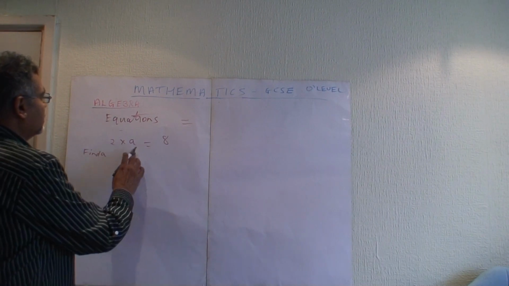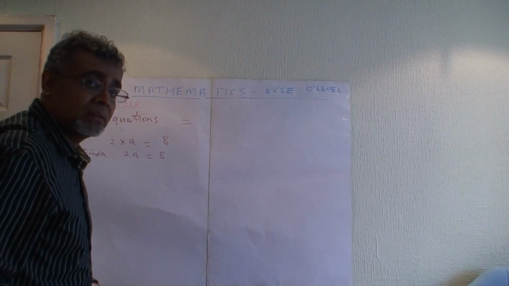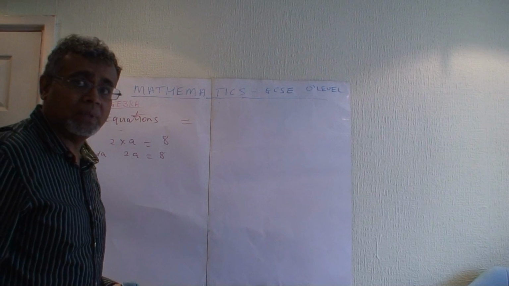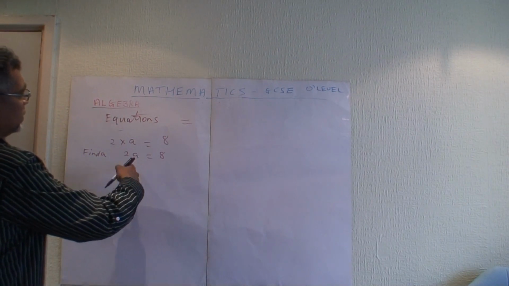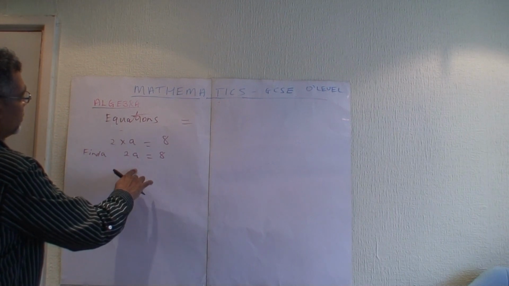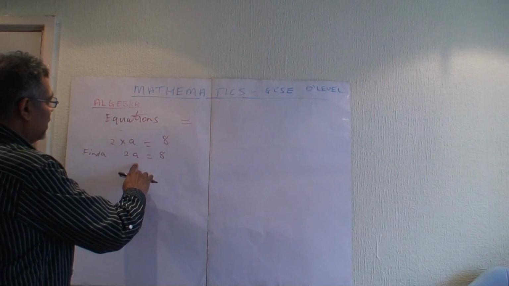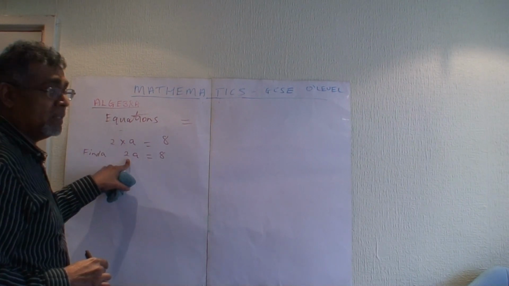So 2 multiplied by a is the same as 2a is equal to 8. So what value multiplied by 2 gives you 8? At the same time, you want the a on this side, before the equal sign, because you need to find a. But before you can do that, you need to get rid of this 2.